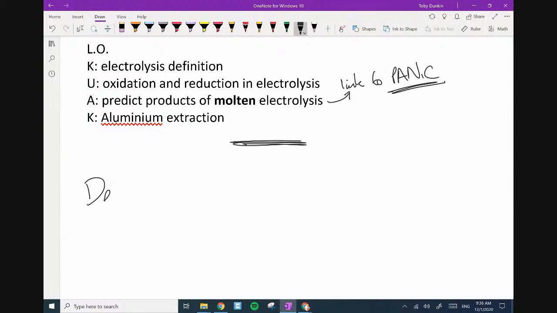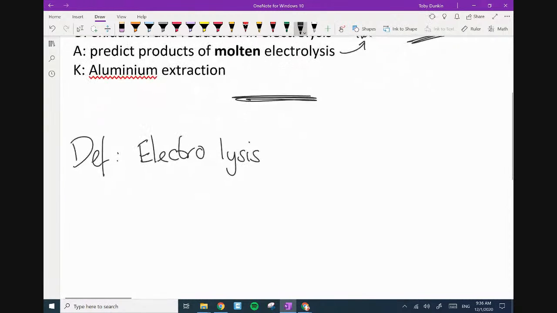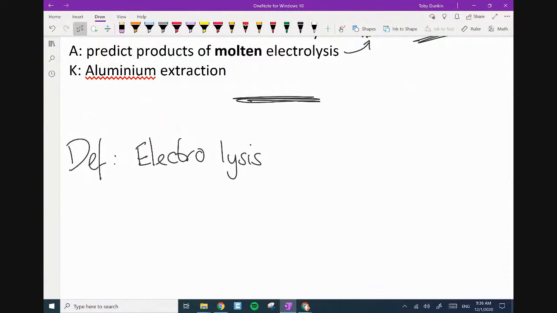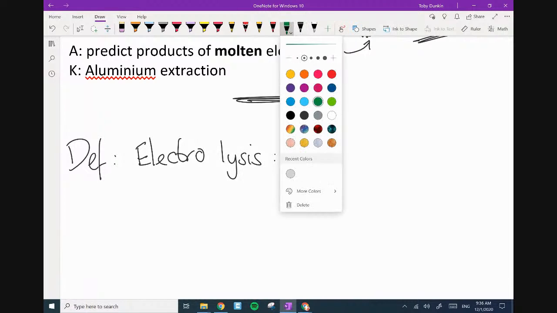So the definition, and put this in your notes, the definition of electrolysis. I've split the word into 2. I'm going to write the definition next door, in green.